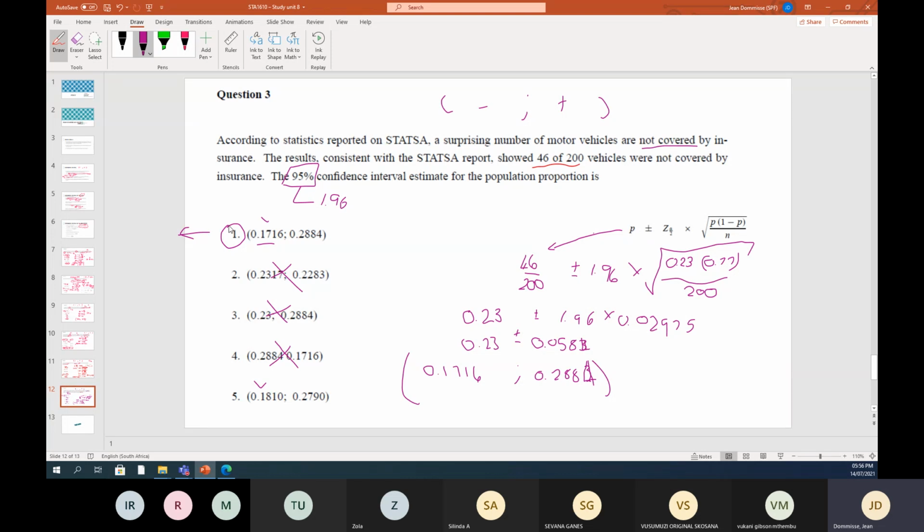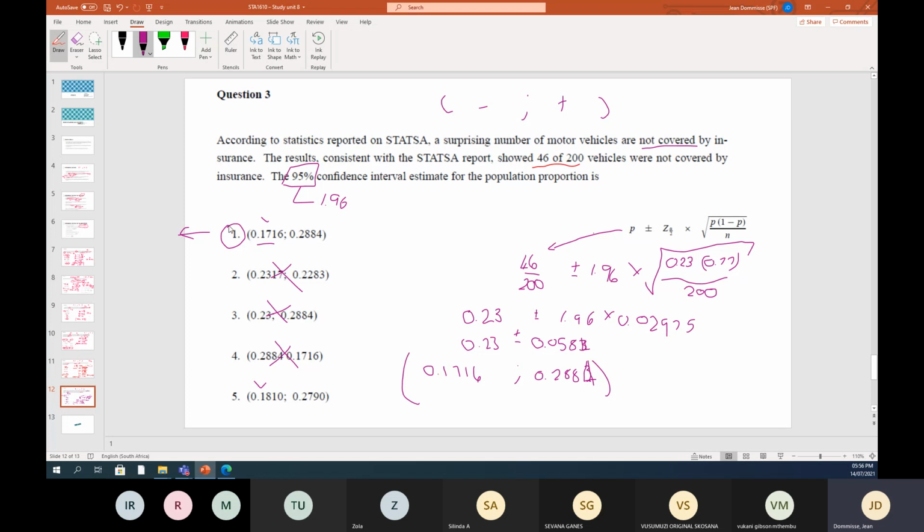So basically, what we went through is to say, if we know what the population standard deviation is, we can get the confidence intervals by using the formula with Z. When it's 95%, your Z is equal to 1,96.